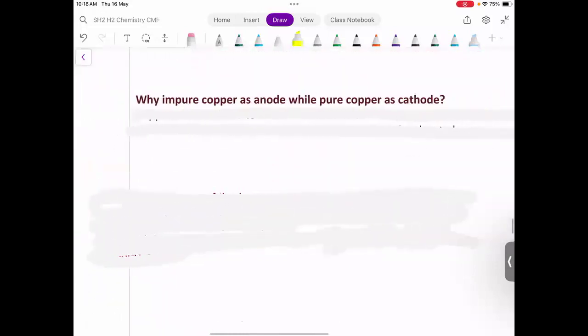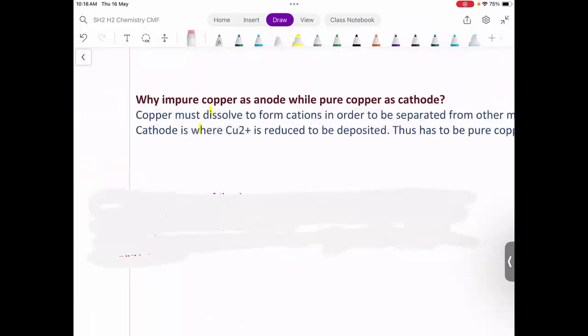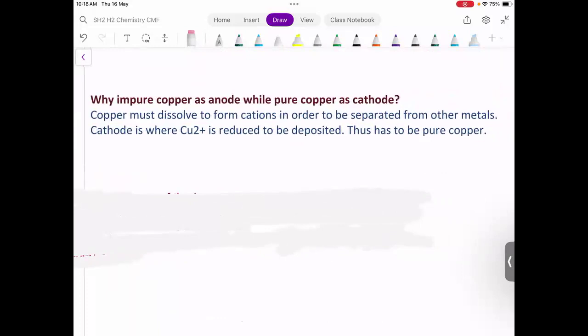Okay, so this is what we have just discussed. Impure copper as the anode is important because you need the copper to dissolve to give the cations in order to be separated from other metals. Okay, and cathode is where copper 2 is deposited and reduced.